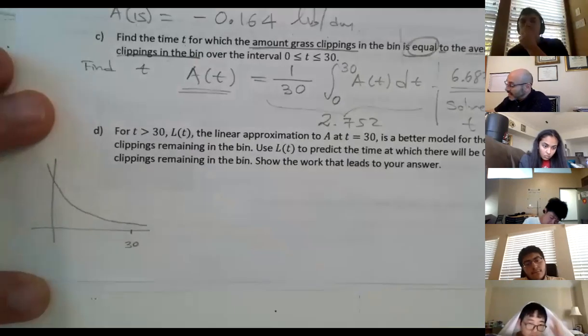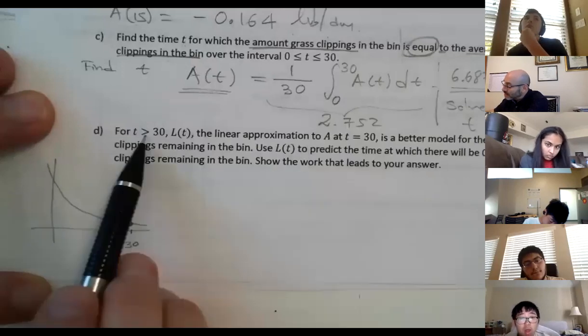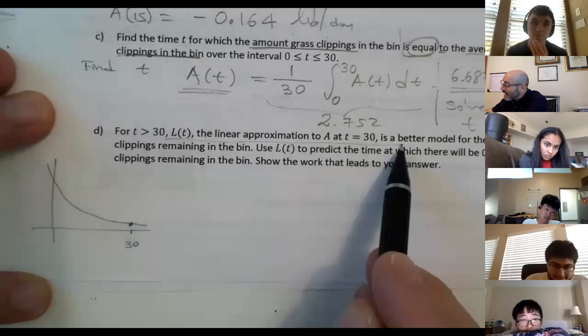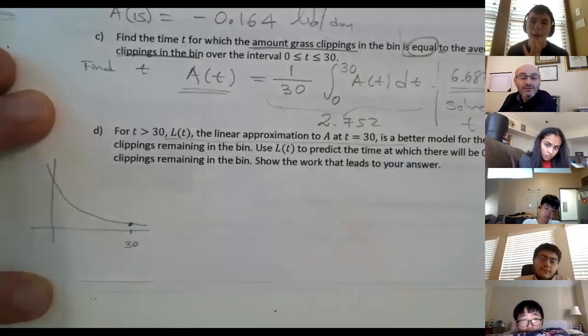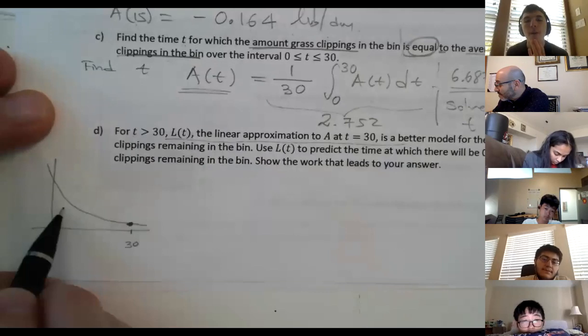So what they're saying is that for values greater than 30, there is a line that is a linear approximation and is a better model for this. What type of line do you think that's gonna be? A straight line.